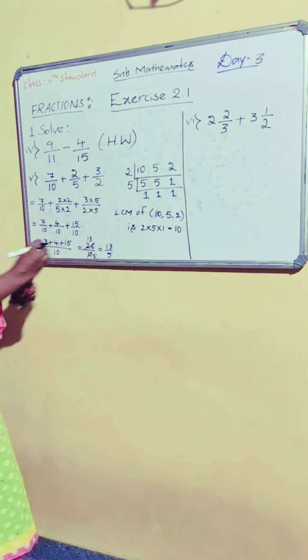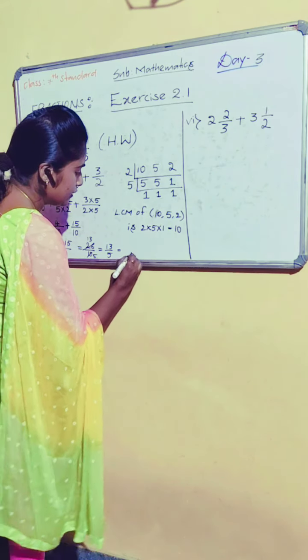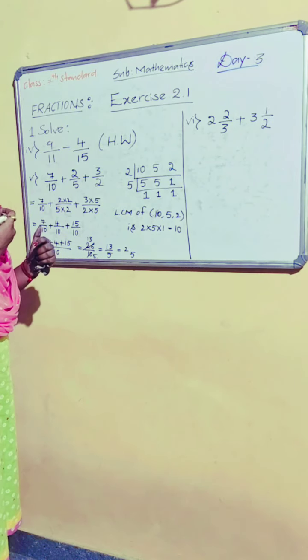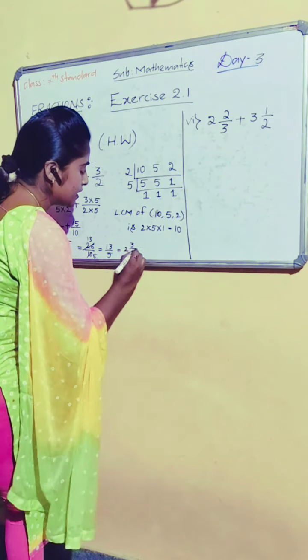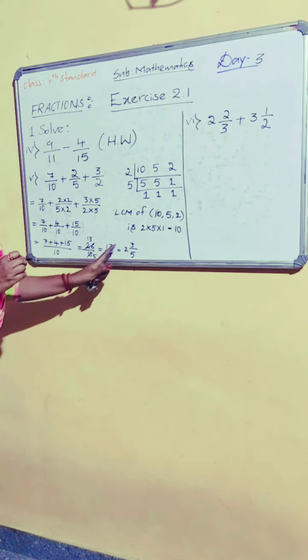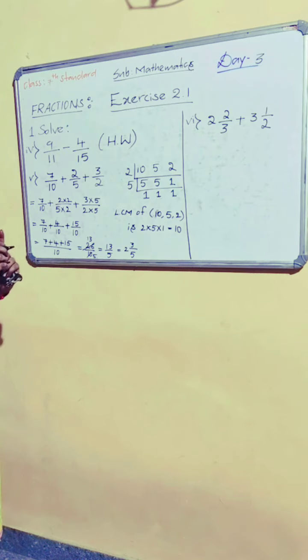How can I write it in mixed fraction here? 5 2s are 10. So what do I have to add to get 13 here? 3. That is why, see, 5 2s are 10, 10 plus 3 is 13. The denominator is 5. Got it?